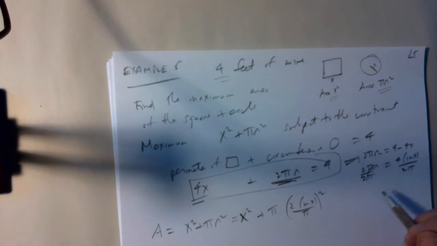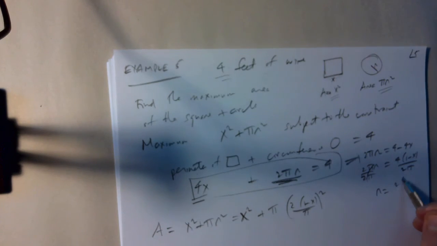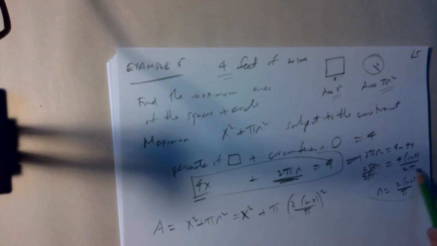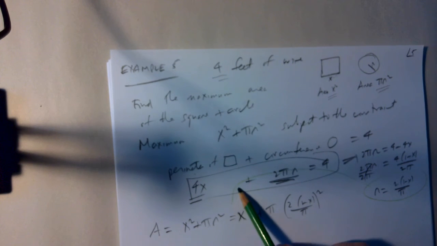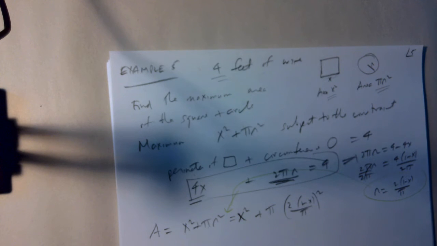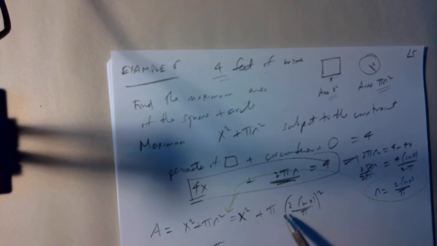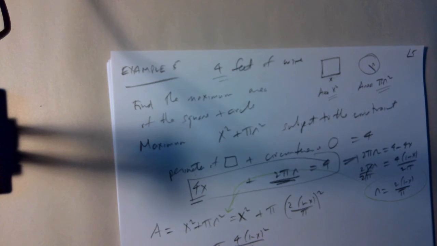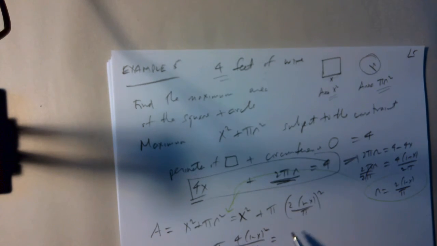If you solve this for r, you get r is 2 times 1 minus x over pi. So I put that in here. So my area is x squared plus pi times 4 times 1 minus x squared over pi squared. So this pi cancels one of these pi's. And I get, what do I get?